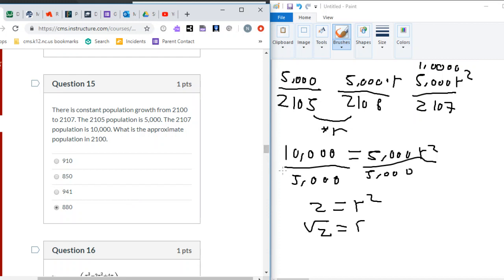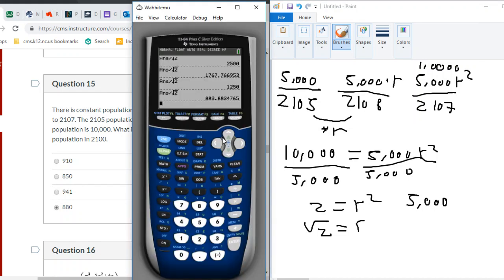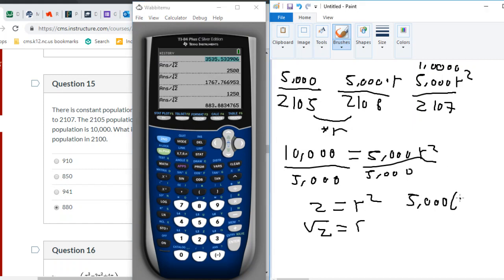So that's how I found the answer to this question. Really, you can do 5,000 divided by root 2 to the 4th power.